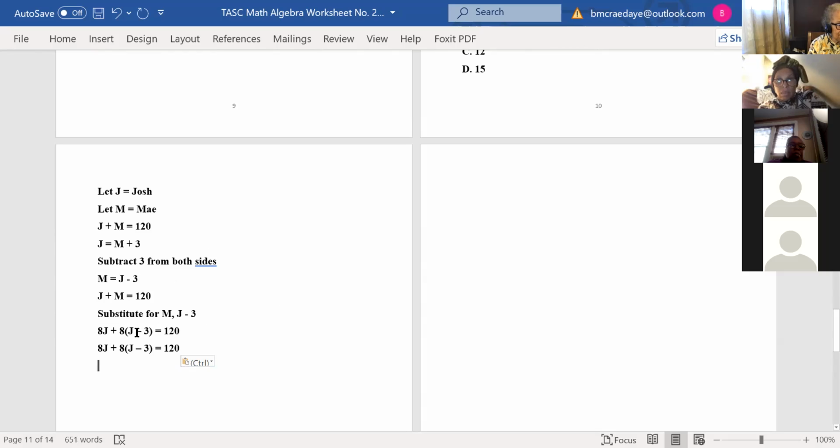We're doing the parentheses. So 8 times J is what? 8J. We always put the coefficient first. And what's 8 times minus 3? That's 24. Plus or minus? Minus. That's right. Very good. Minus 24.